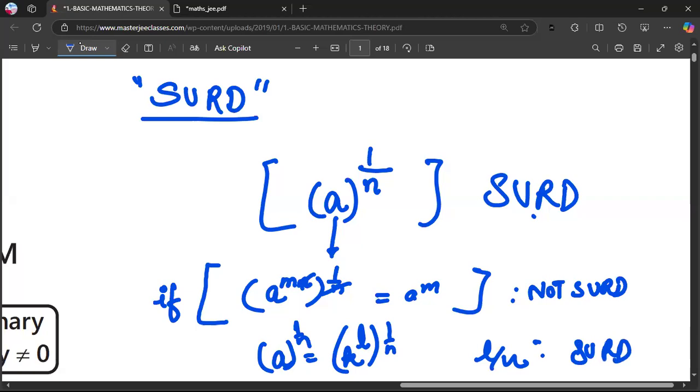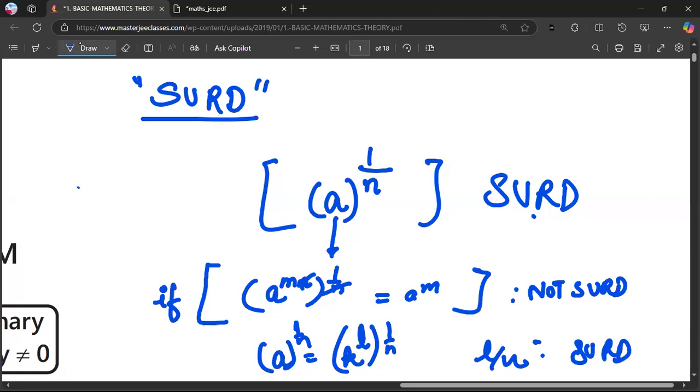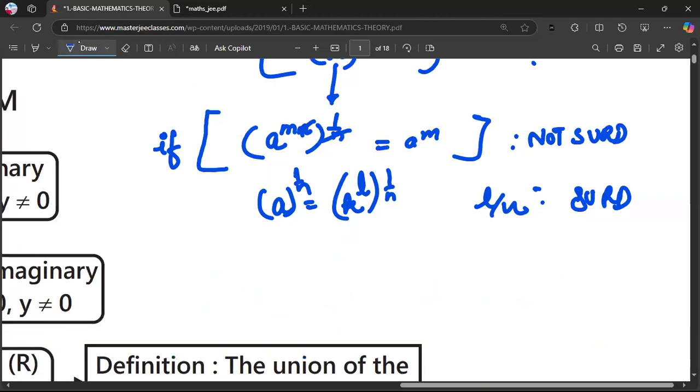Let's take an example. Let's take 2 raised to power 5, it is a base, and we are discussing about power 1 by 7.